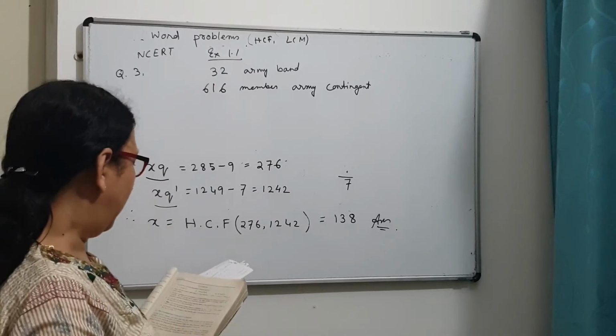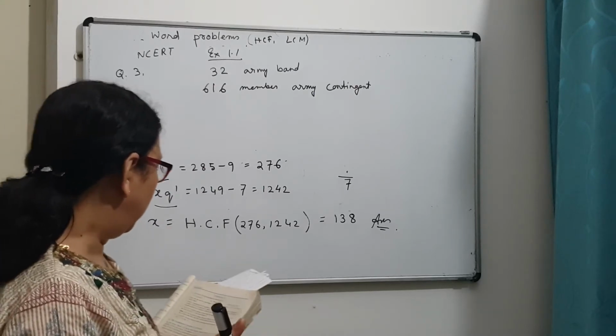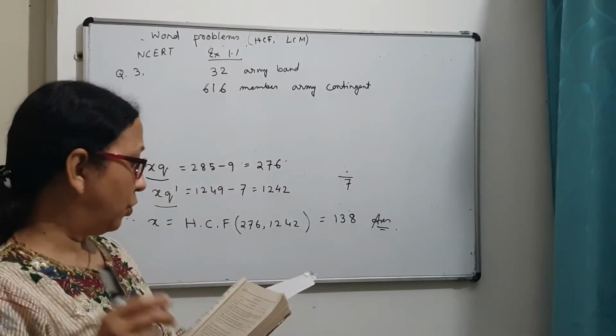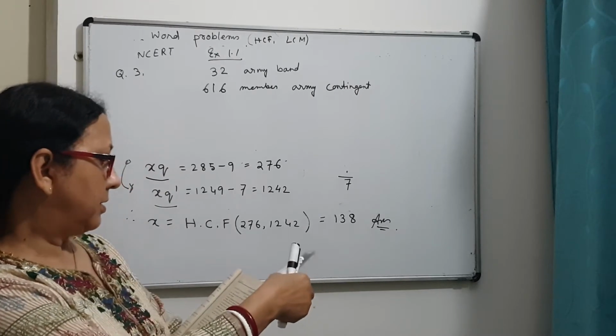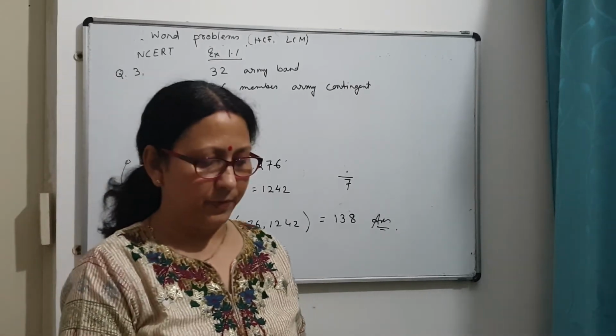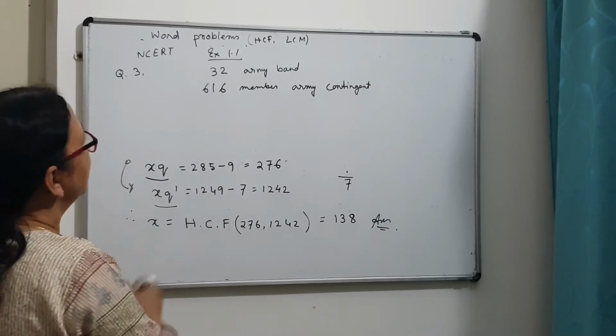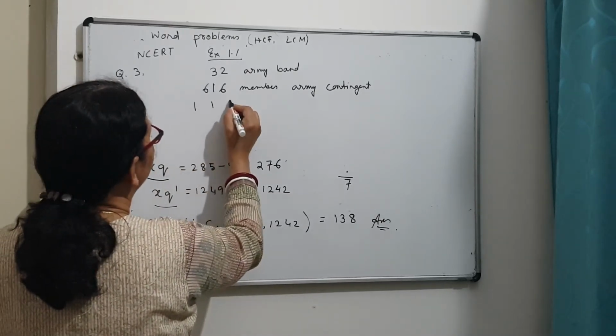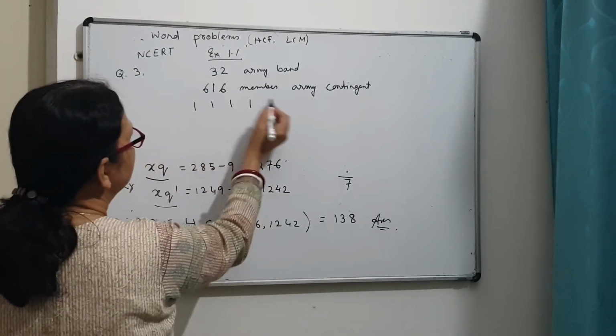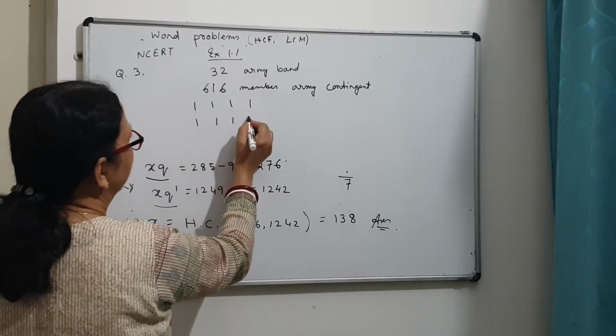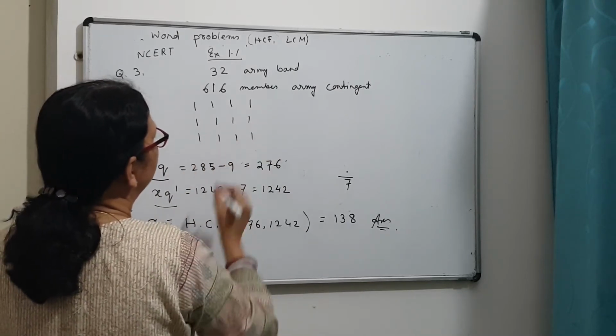Now, the two groups are to march in the same number of columns. That means if the band is in 4 columns, then the army will also follow in 4 columns. In this way they will follow.